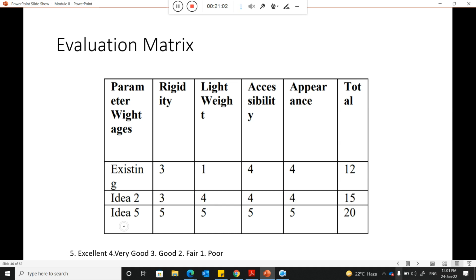Idea 5 gets excellent rigidity because we move that particular rod downward, so that rod's rigidity is high. For lightweight, yes, we reduce the entire handle. We just move that rod down, so obviously the weight is reduced, and you can put excellent here. Accessibility, yes, and appearance, yes, so the total is 20 here. So which one is the best? Idea 5 is the best. Okay.